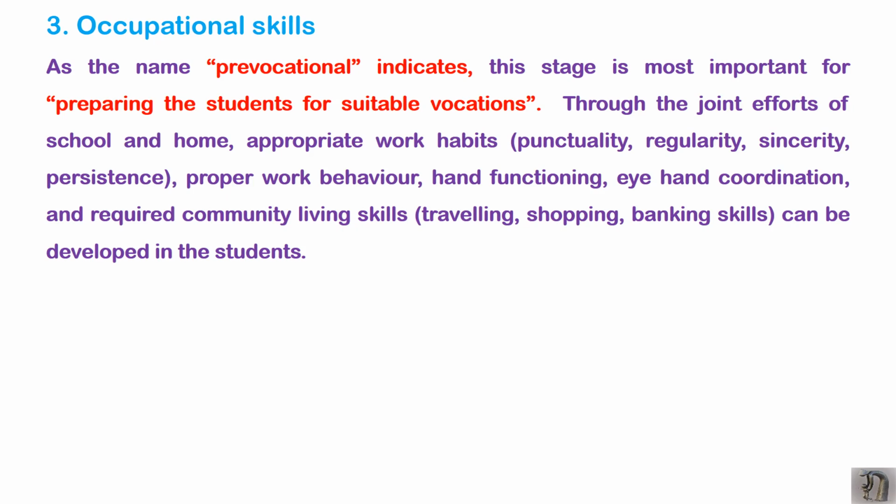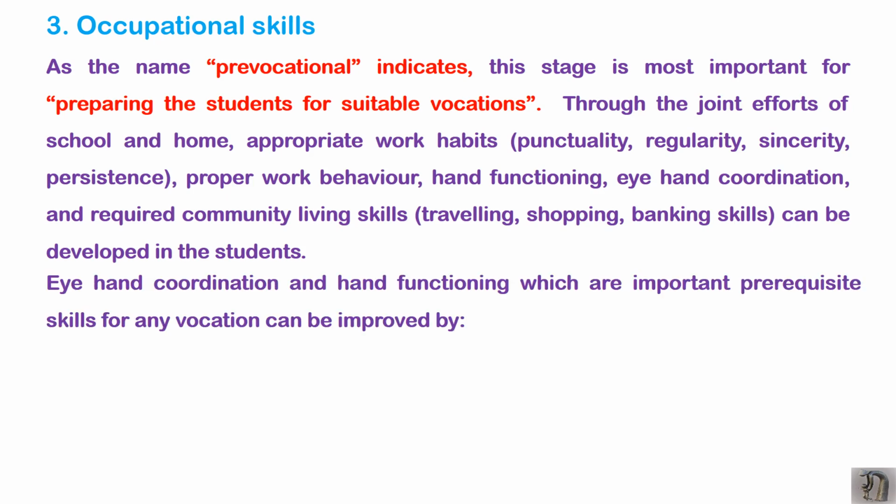What skills are required in the vocation: punctuality, regularity, sincerity, hand functioning, eye-hand coordination. All these are required to develop vocational skills, because one step ahead, in the vocational stage, he will be doing his interested job, where he will be placed in some sort of trade. So this is very, very important.